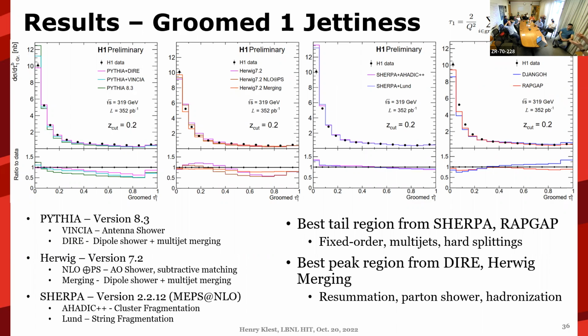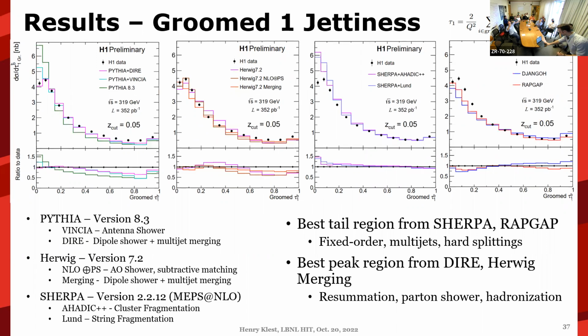We don't know very well how to model that, but all these generators know to a good approximation what a jet looks like, because that's what we've studied and tuned them to for decades now.